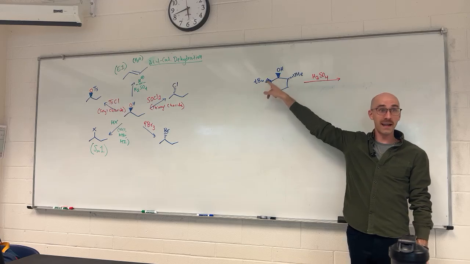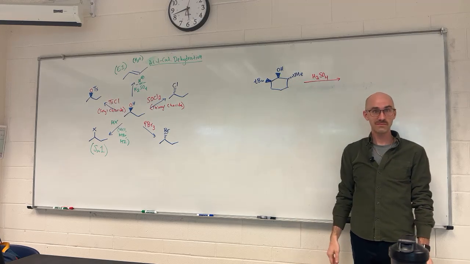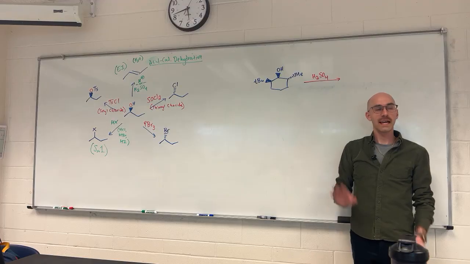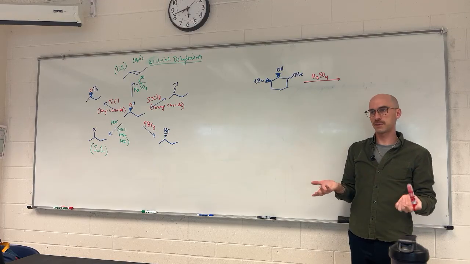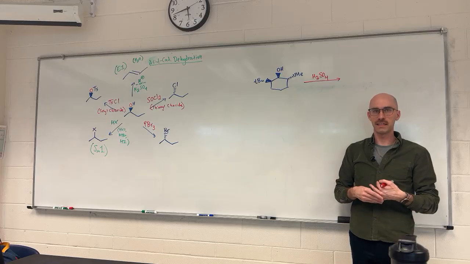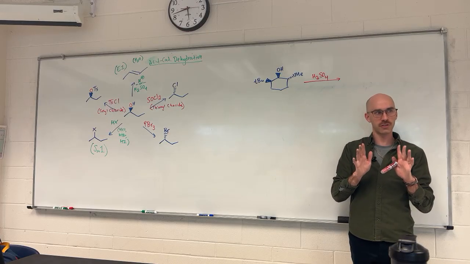And it could rearrange to either position. Let's assume it doesn't rearrange. Or even if it does rearrange, let's look at a selection of the structures that it could form.